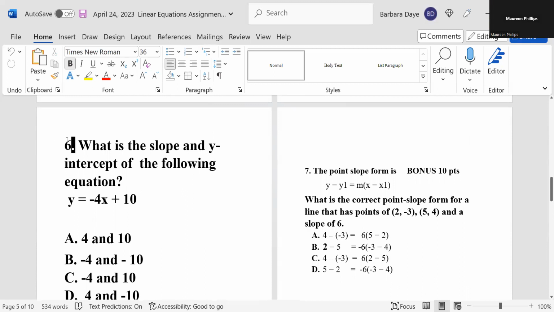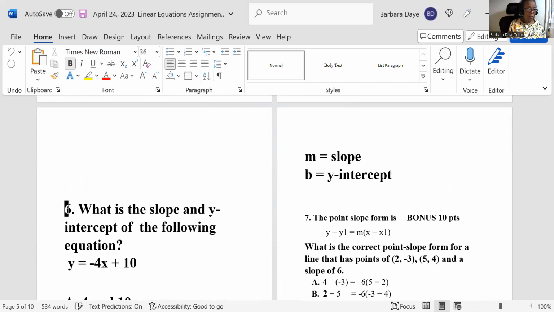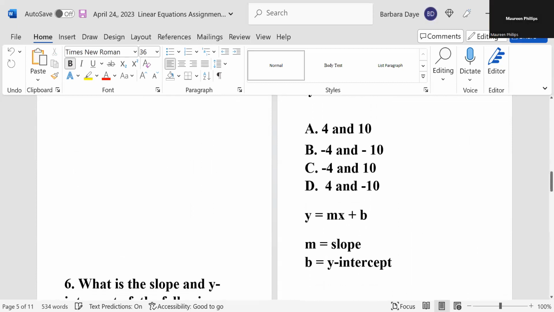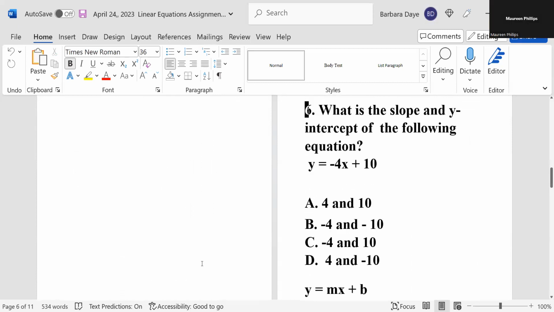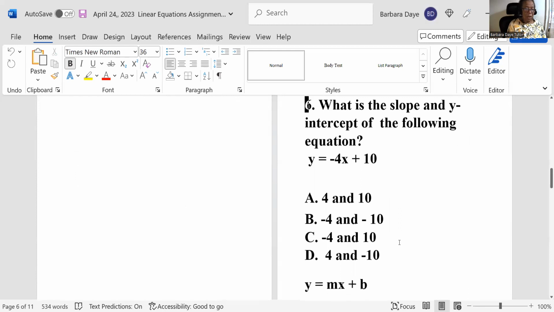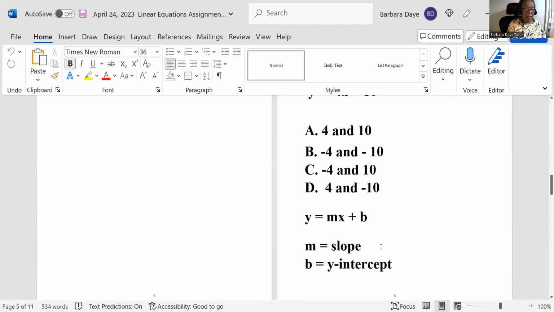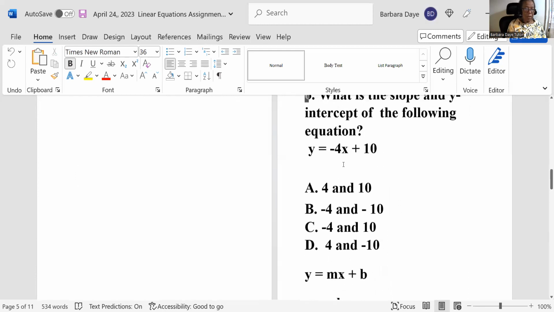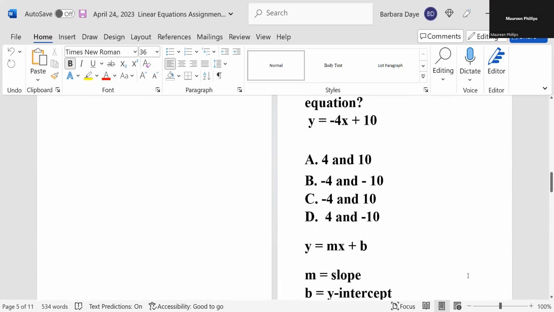Don't throw away your sign. Coefficient is a negative 4. So for y equals mx plus b, what is m, Maureen? M is what? Negative 4.